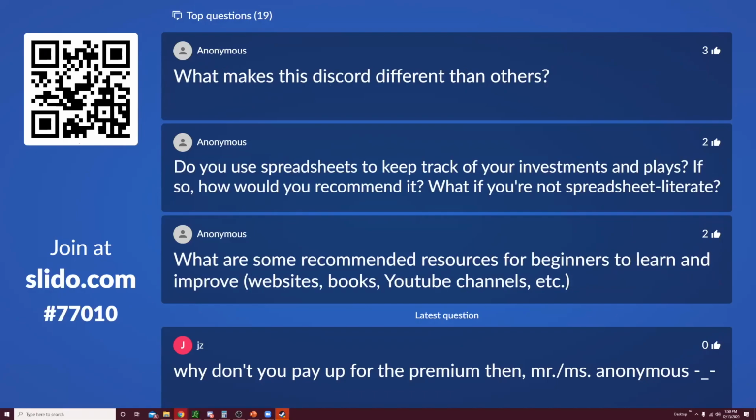What makes this Discord different than others? This is a question we can give a general idea of, but you'd also want to take a look at the website to gain more information. The main thing is that we have pillars of what we try to stand by on this Discord. The first one, as we alluded to before, is that we really want to give you the tools to improve on your own.